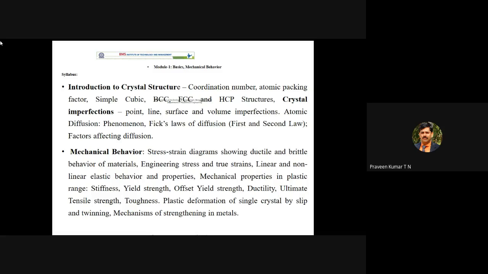Then there is linear and non-linear elastic behavior and properties. I have given the example of linear also. What is linear? As per your mechanics of materials, design of machine elements, or finite element modeling, which is computer modeling, everywhere you consider a structure, it may be your axle.